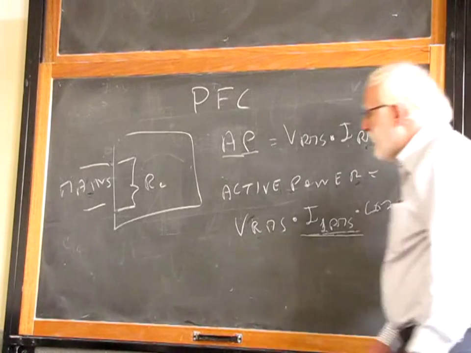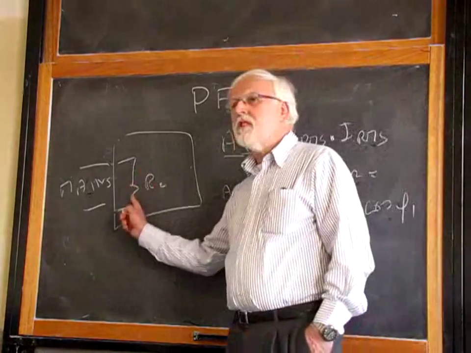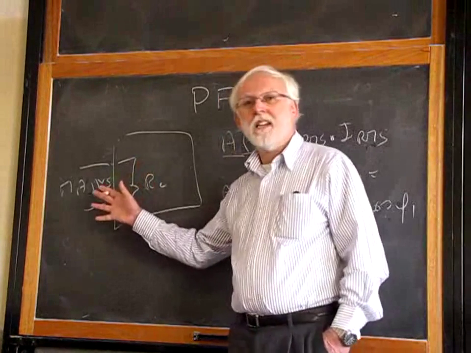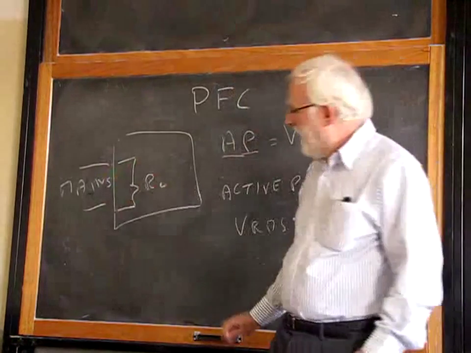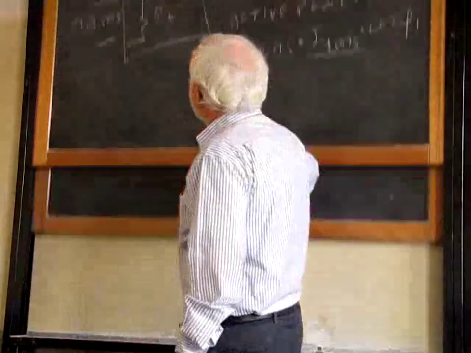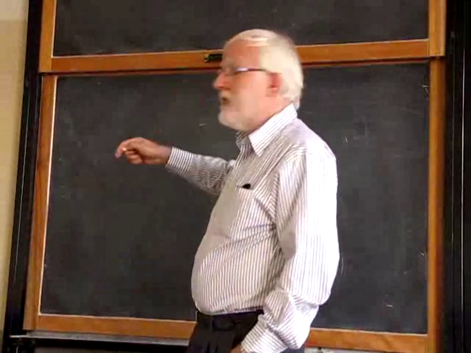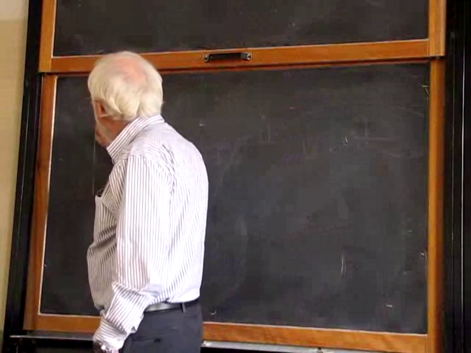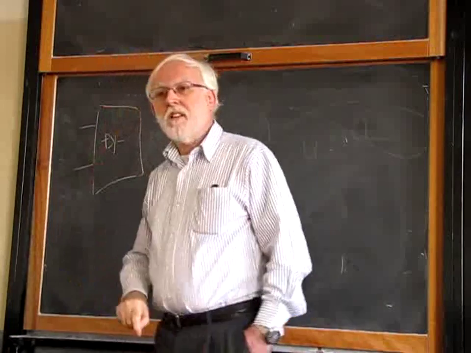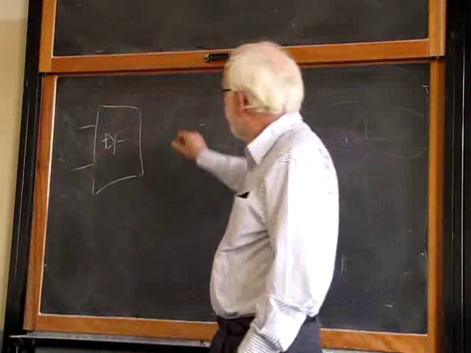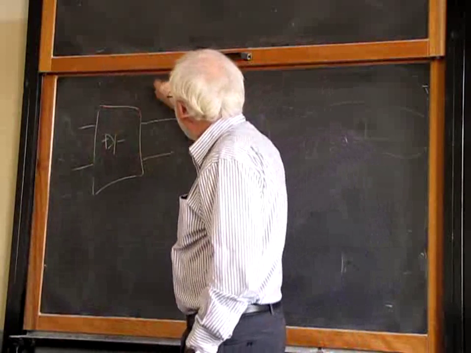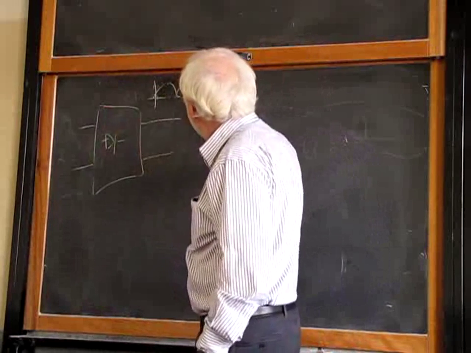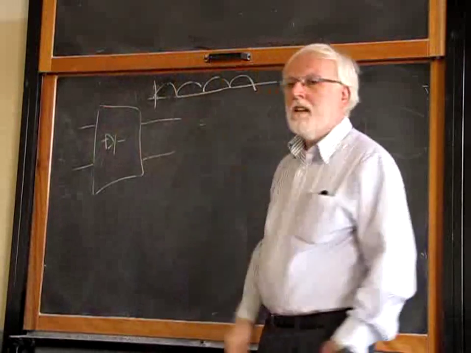We looked for a way to have our power supply appear like a resistance to the mains. And we saw that we have to use, we cannot get rid of them, a diode bridge rectifier, usually rectifying the mains, and after the rectifier we get a rectified waveform.